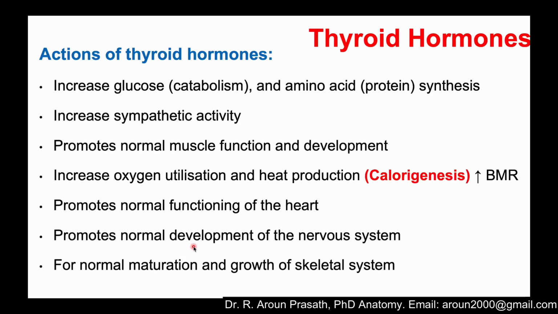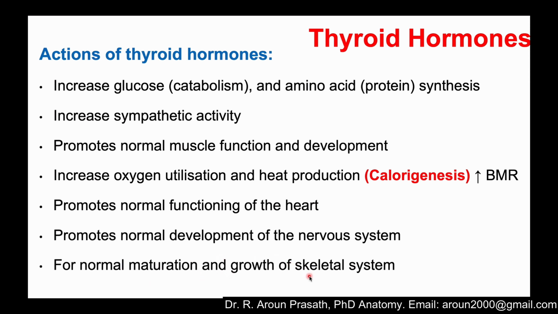These thyroid hormones increase the glucose level and amino acid synthesis, increase sympathetic activity, promote normal muscle function and development, increase oxygen utilization and heat production, promote normal functioning of the heart, and promote normal development of the nervous system and normal maturation and growth of the skeletal system.